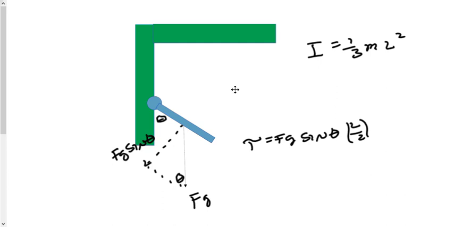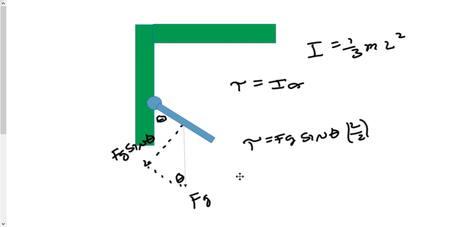So how do we calculate the acceleration for this? Well, torque does equal I times alpha. So this is our torque, and this is our I. We just substitute all that in, and then we can find what alpha is equal to. So I'll set that up for you.